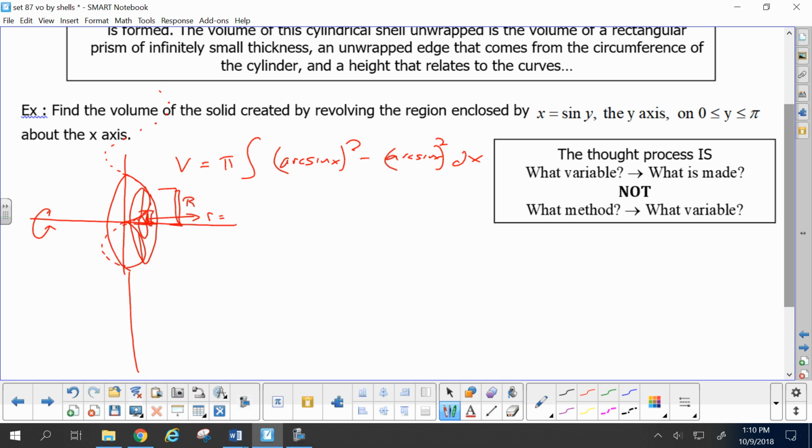The problem is that arc sine is not a single function of x. Arc sine is only going to go from here to here. Are you with me? If I wanted to write big R, then wouldn't I need this part of the curve, this blue part?